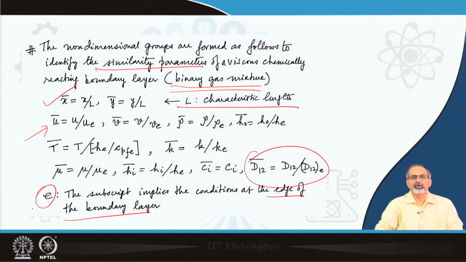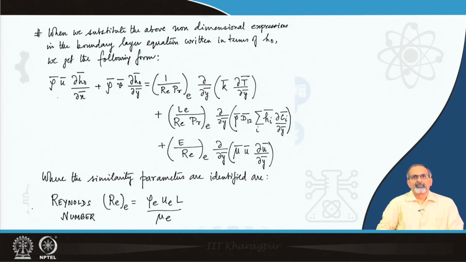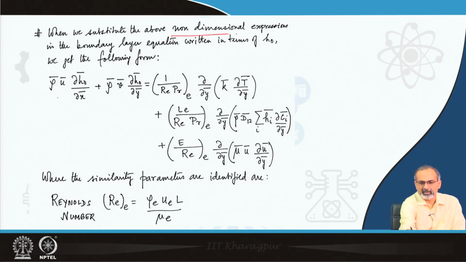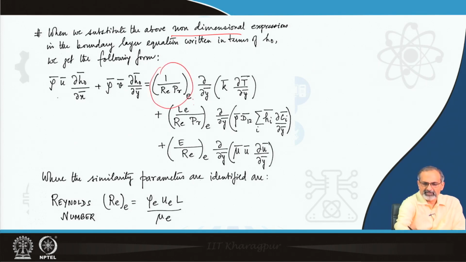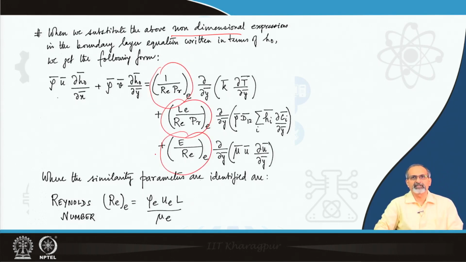So, you will find each and every term getting non-dimensionalized in this way. Finally, when we substitute all this in the dimensional form of the energy equation, we end up getting the non-dimensional expressions, and then you end up finding some of these interesting similarity parameter groups surfacing over here.